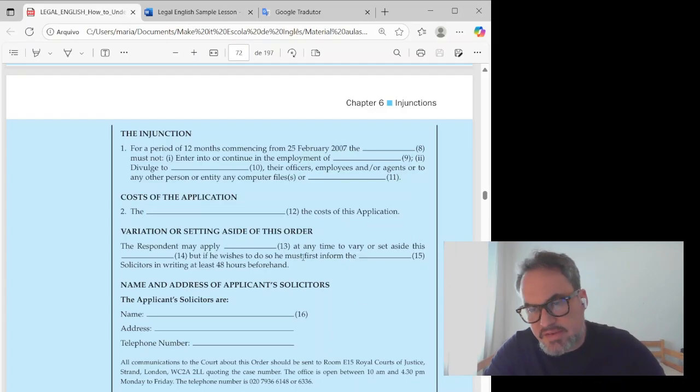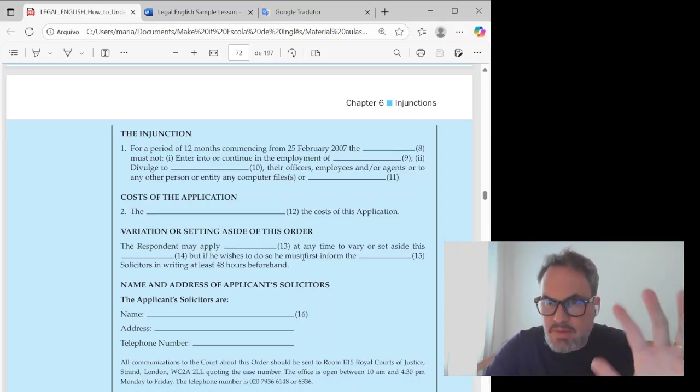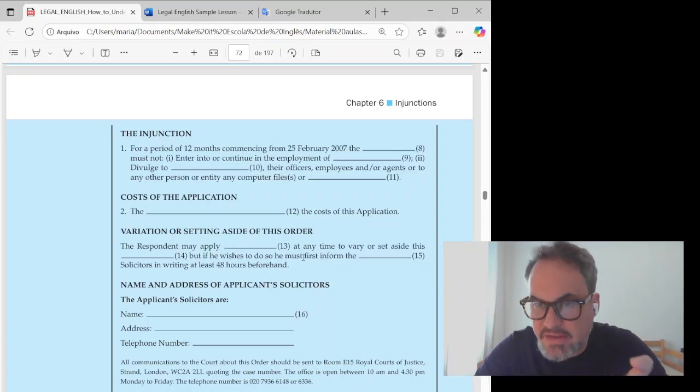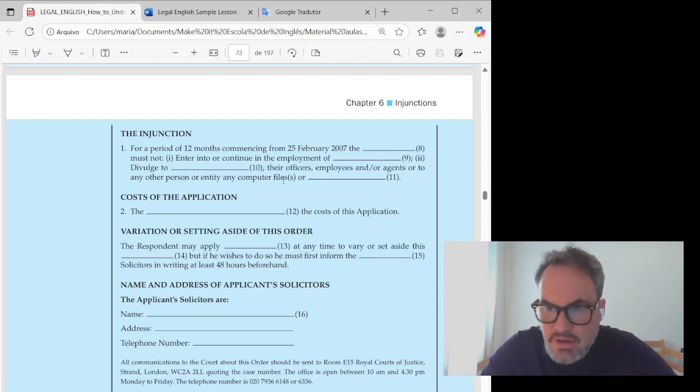So in this case, they're saying that the costs of that application are going to be paid by the defendant, not by the applicant. Okay?